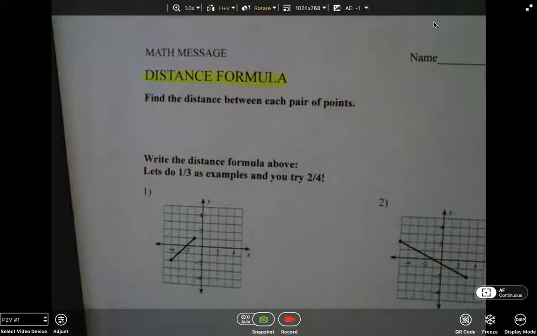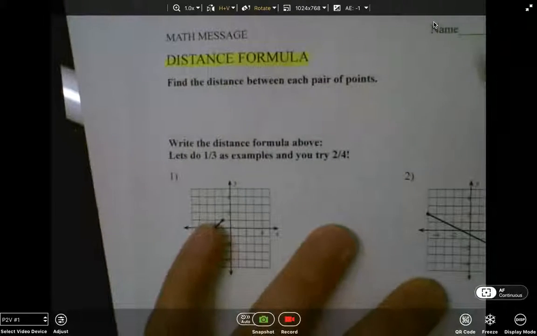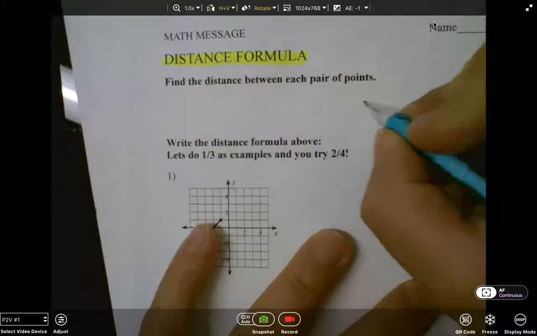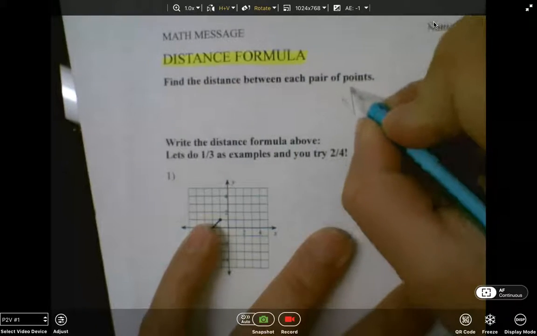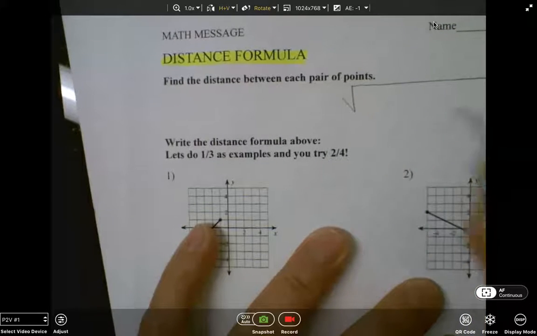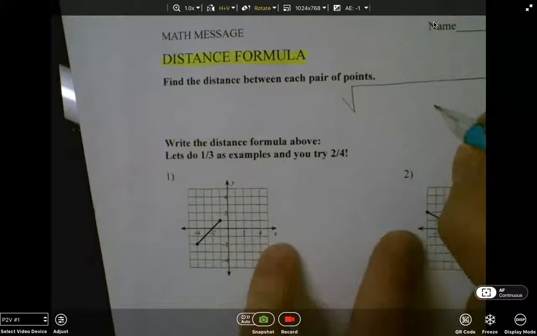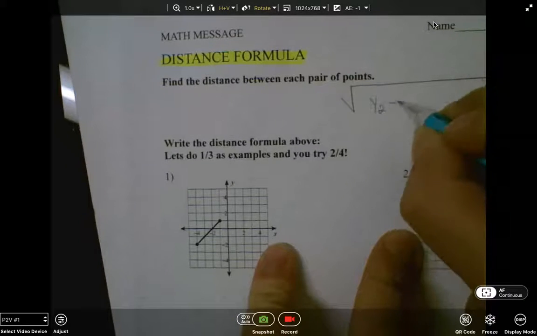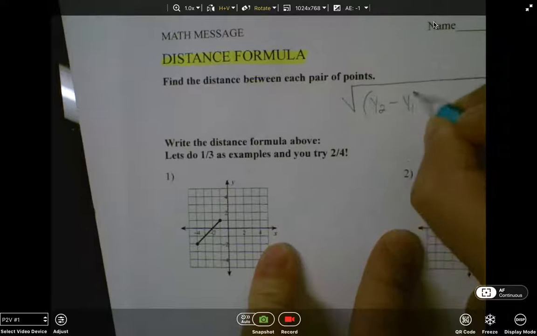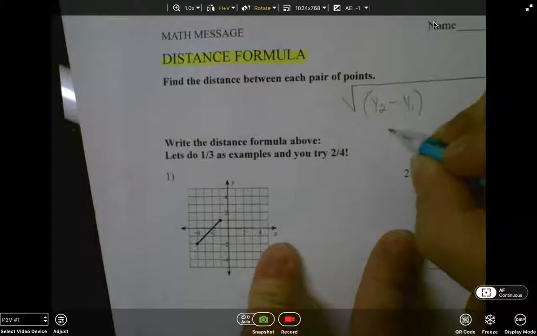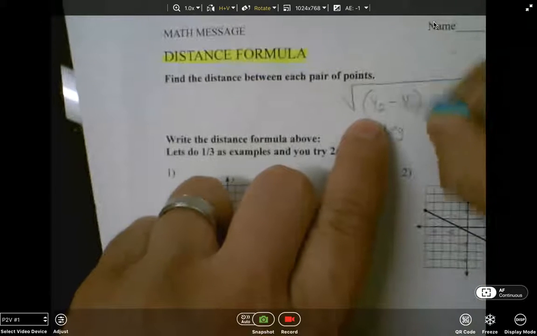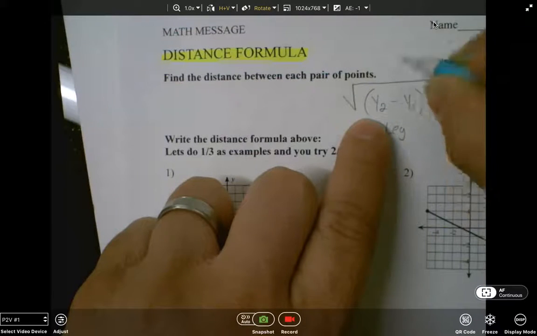As we already talked about in our reference and our video from the lesson, the distance formula is pretty much the Pythagorean theorem in disguise. The two legs, I should say: the change in y, which is your y2 minus your y1, is one of the legs, your vertical leg.